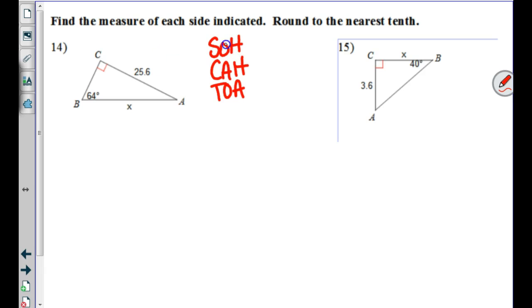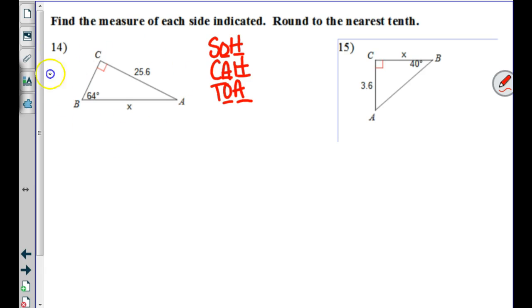So some teachers teach Oscar had, that would be OH, a handful, AH, of apples. So as they go across your calculator, the first one is opposite over hypotenuse, then adjacent over hypotenuse, then opposite over adjacent. That's just confusing to me, but if you learned it that way.